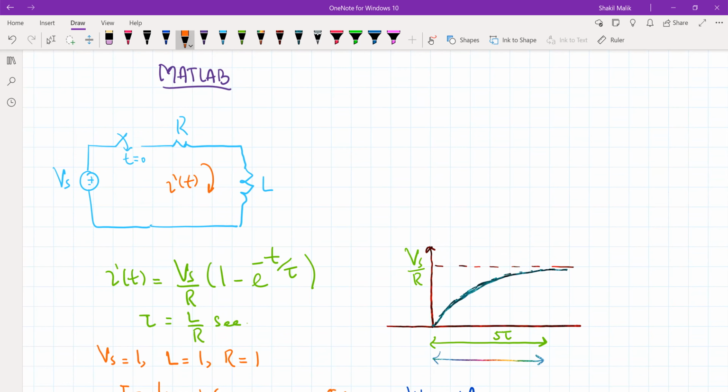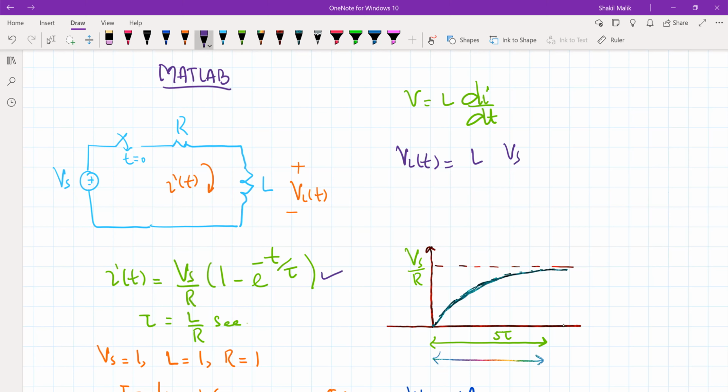What's the behavior of the inductor voltage? If this is the inductor voltage, we know the inductor current and inductor voltage are related by v equal to L di by dt, where i is the current flowing through the inductor and v is the voltage across the inductor. So v(t) will be equal to L times the derivative of i.